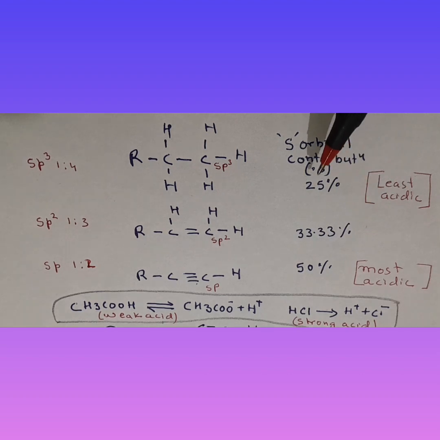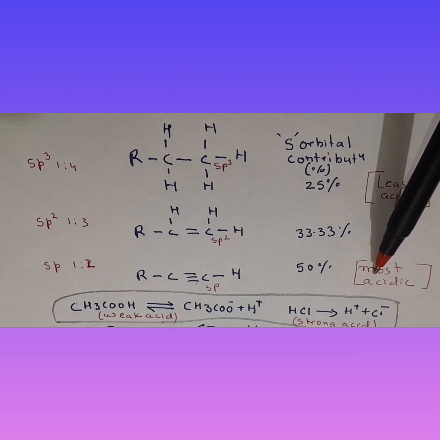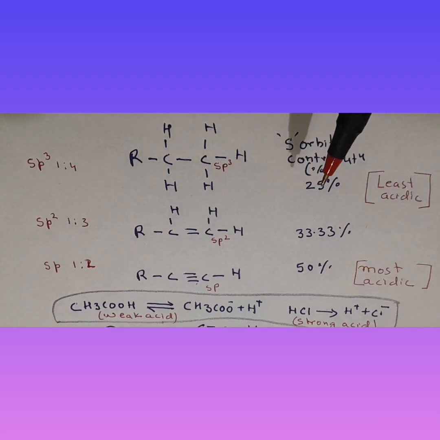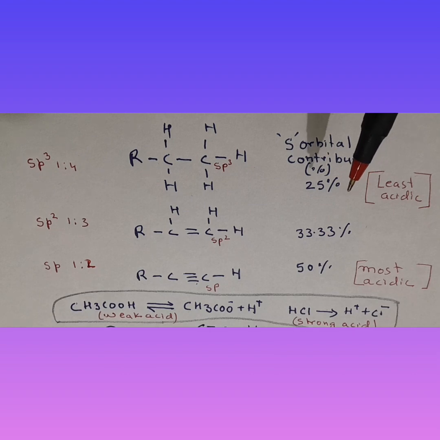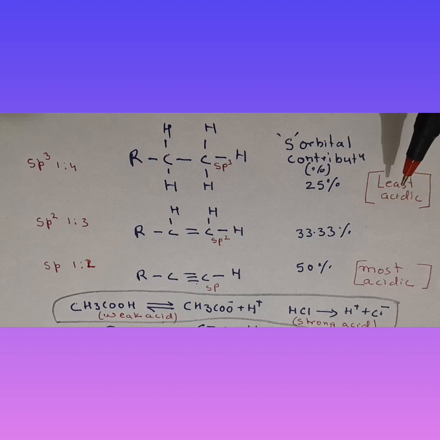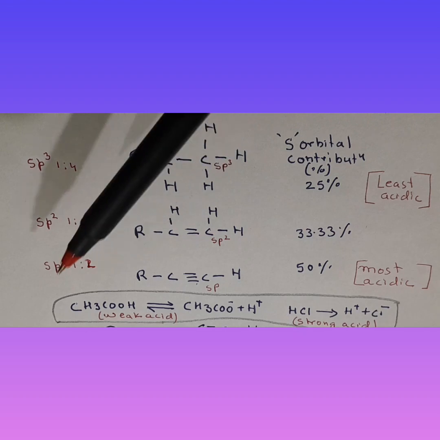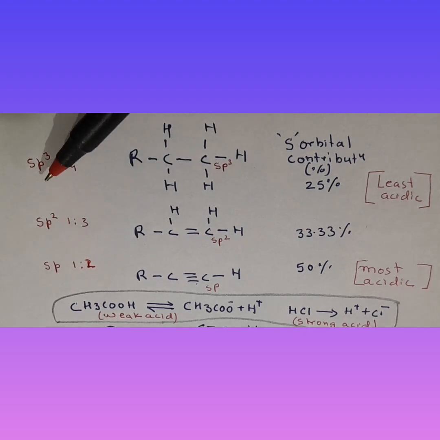So as the contribution of S increases, the acidity of the molecule also increases. So hybridization is also concerned with acidity. sp hybridization is most acidic, sp3 hybridization is least acidic. This is the relationship which you have to keep in mind. Greater than in terms of acidity.